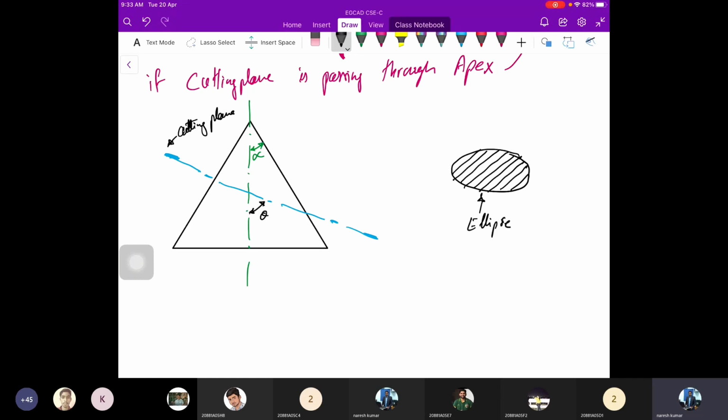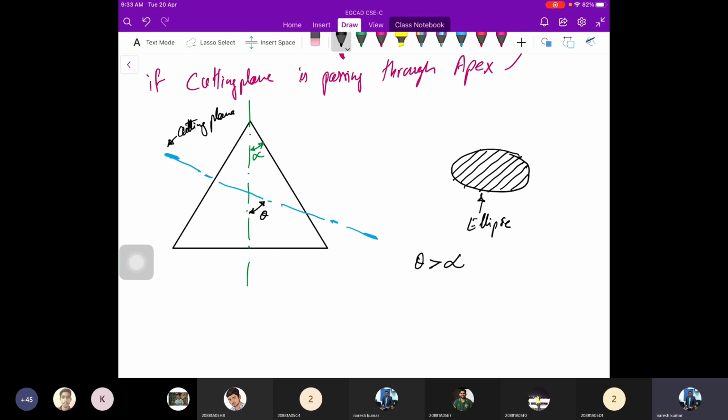Here the condition is theta should be greater than alpha. Suppose alpha is 45 degrees, theta should be more than 45 degrees.